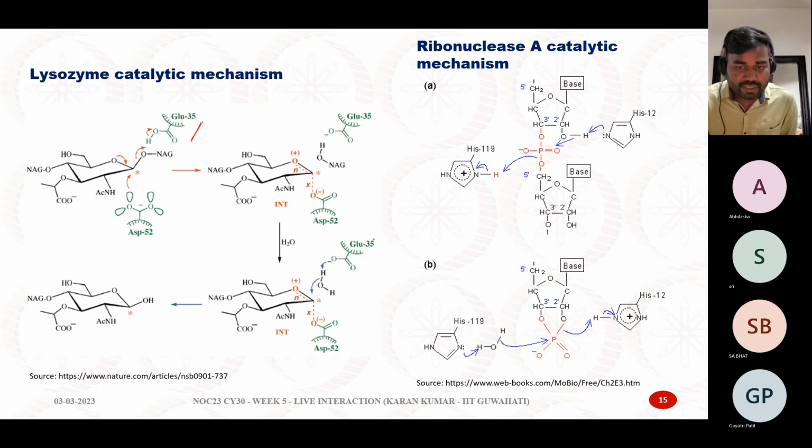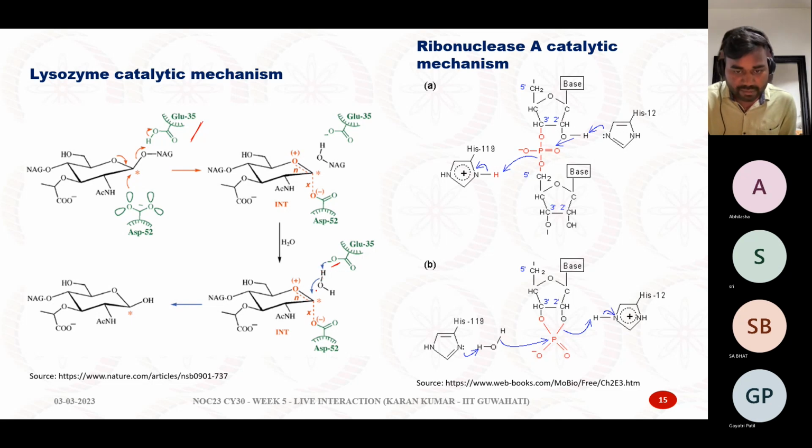In the next phase, a water molecule will come, and because normal water's pH is around 7, in the physiological range, when the glutamic acid is ionized and contains the negative charge, it will take the proton and act as a base.